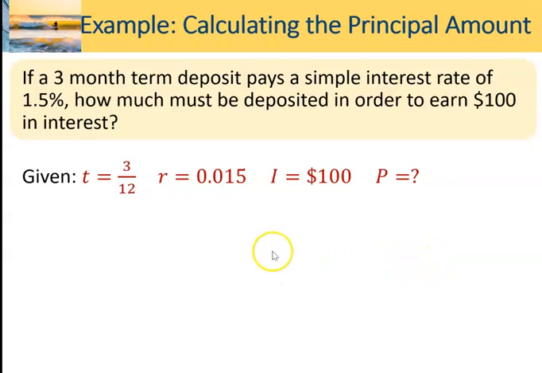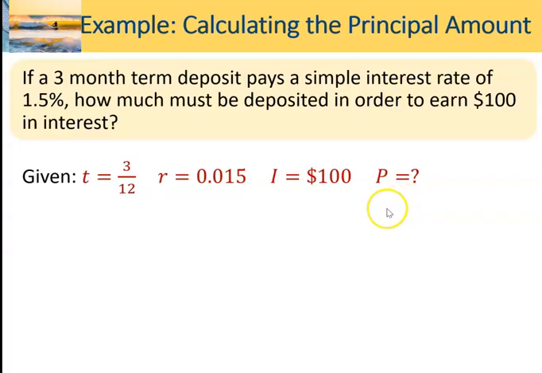For your rate, we want to convert the percentage over to a decimal as well, 0.015 because it's 1.5%. We know the interest earned is $100, but we want to know how much must be deposited. What amount do we start with? That's your principal. So we need to solve for the principal.